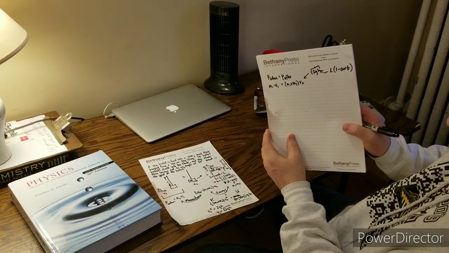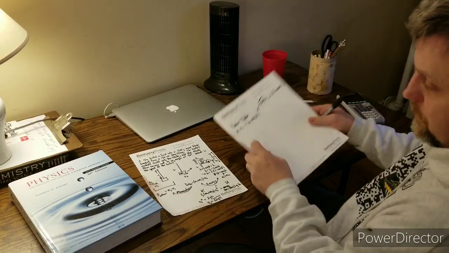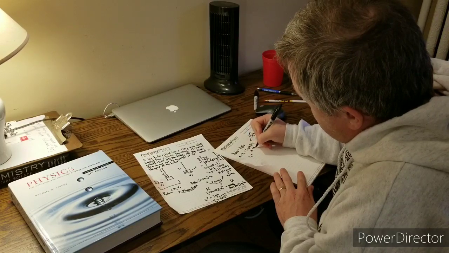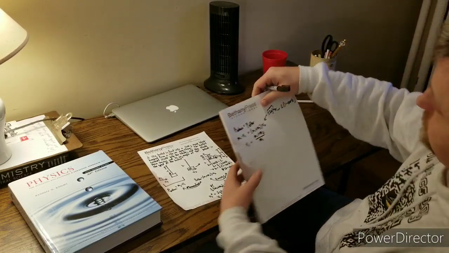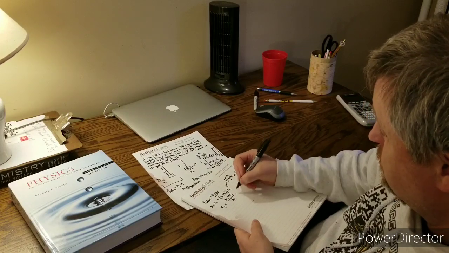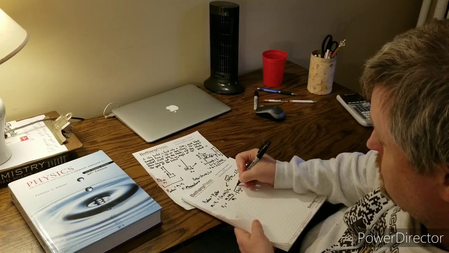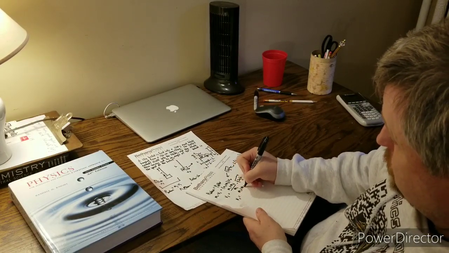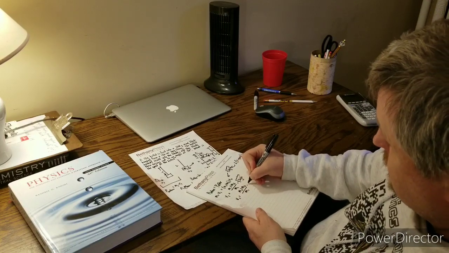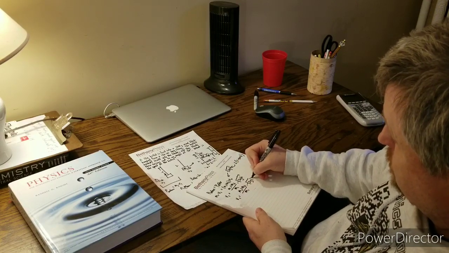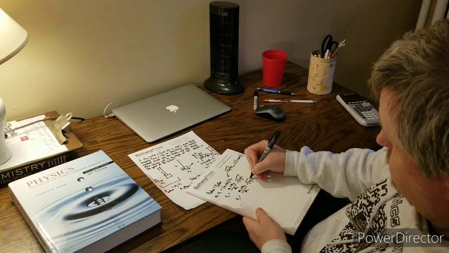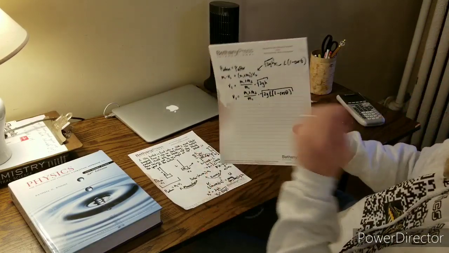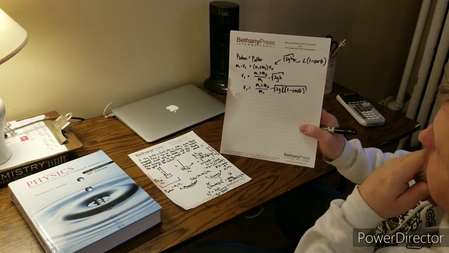What we're trying to figure out is the momentum before. So V1 equals M1 plus M2 over M1 times our V2, which is the square root of 2GH. Now I'm going to put in what that equals: M1 plus M2 over M1 times the square root of 2G times L times 1 minus cosine of theta. A little bit confusing there.